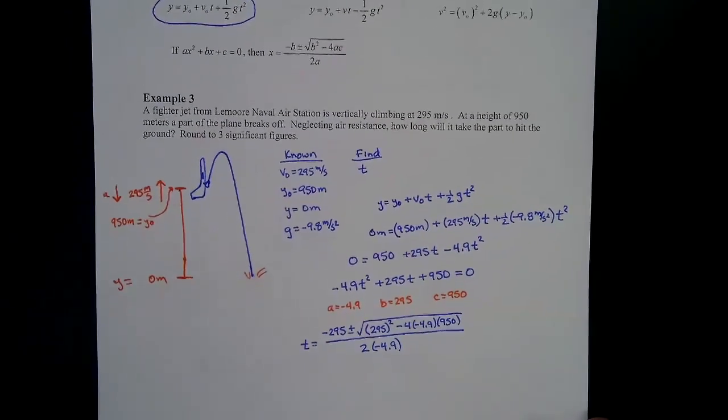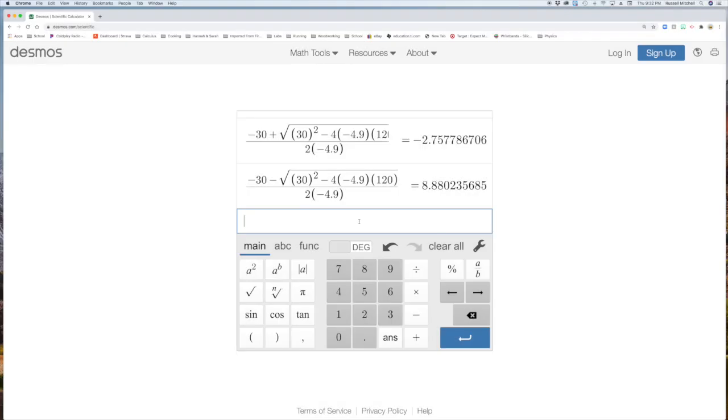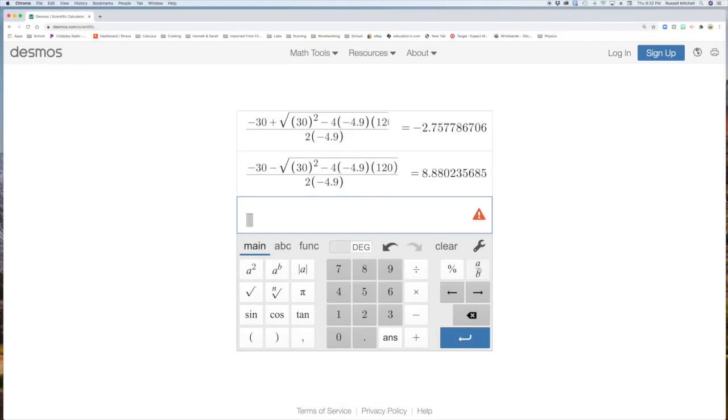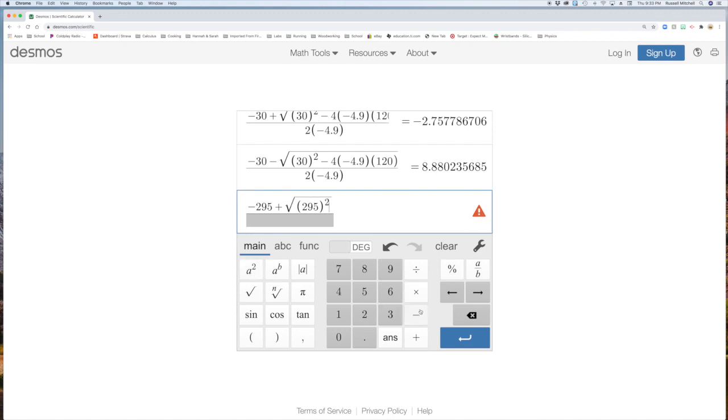Okay, so let's go to Desmos and put this in. Do a fraction bar, then negative 295, and then plus the square root, open parentheses, 295, close the parenthesis, squared, minus 4 times A, which is negative 4.9, close the parenthesis, and then times your C value, which is 950.